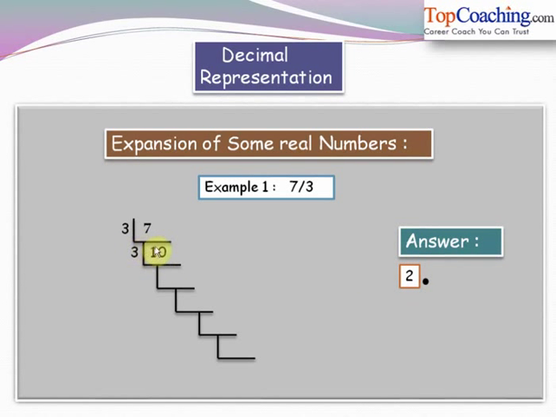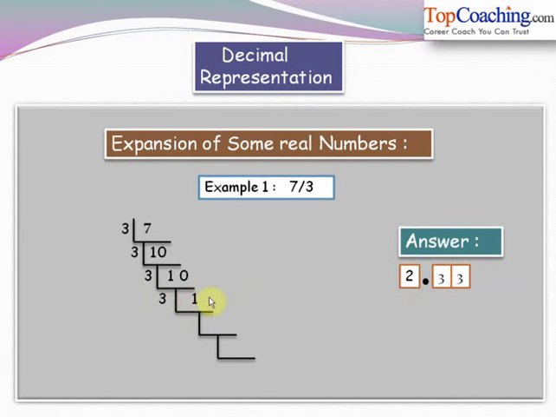Now we divide 10 by 3 and get quotient 3 and remainder 1. Again we get 1, and because of the decimal we add a 0 and get quotient 3 and remainder 1 again.